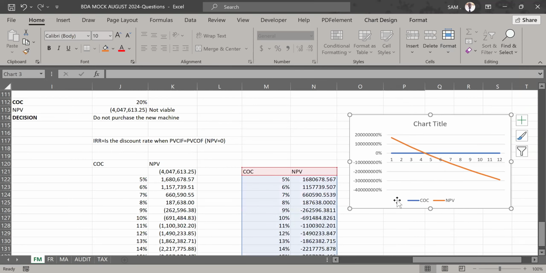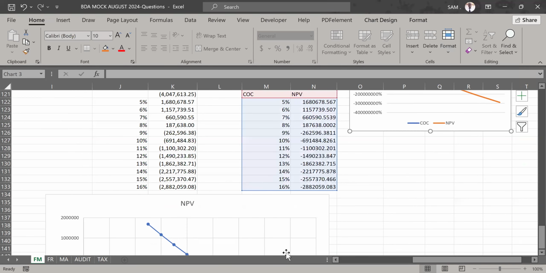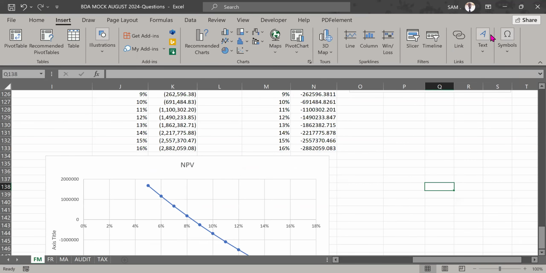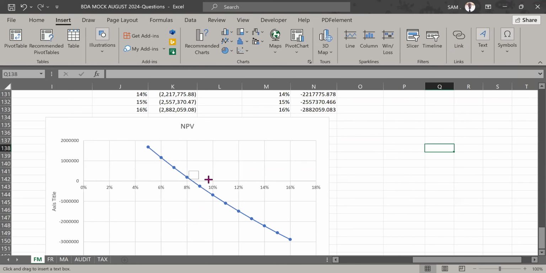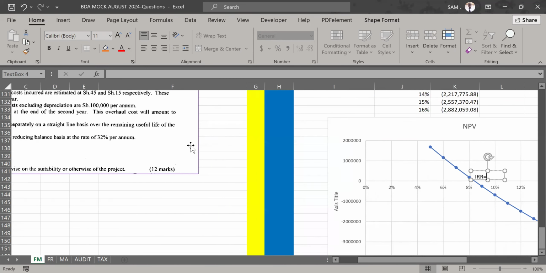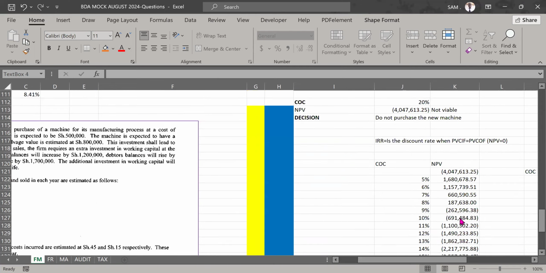And because we've already known where our IRR falls, you can just insert a text box. You come here, pick a text box, highlight that point and say at that point IRR is equal to, because we had confirmed this using the Excel formula, we got what? 8.41.